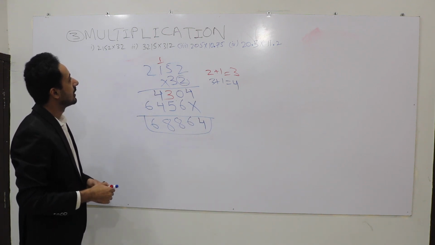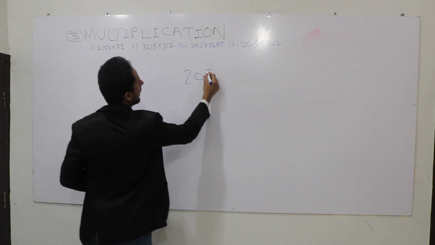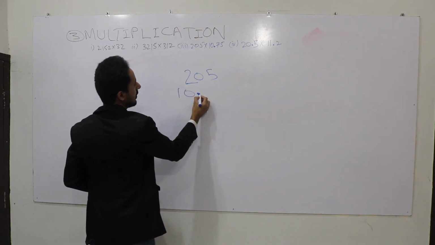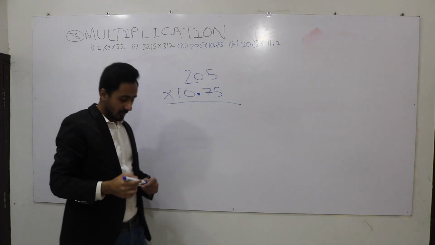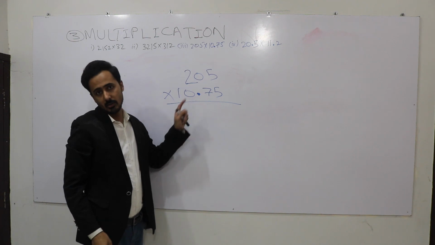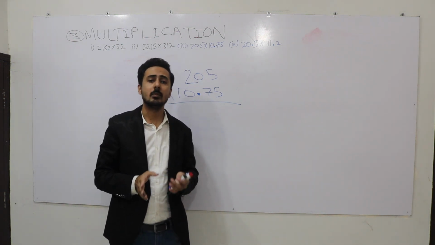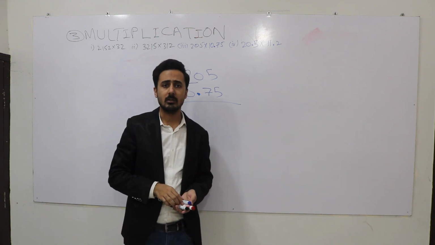Now let's do another example. 205 multiplied by 10.75. This time we are multiplying with a number containing a decimal point. We will discuss the concept of fractions and decimal points in another video. In this video we will not discuss that in detail.